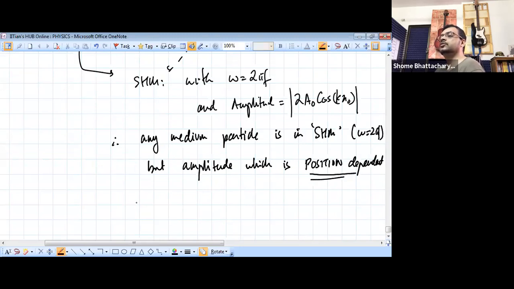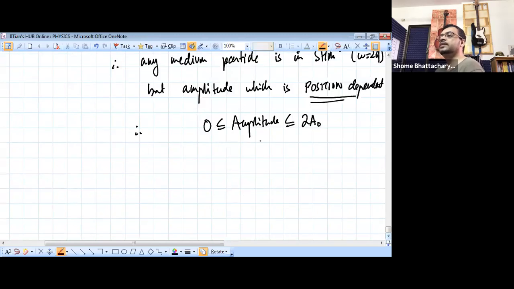So therefore you can see that the amplitude at any point can be as low as 0 also, and can be as high as 2a naught also, and that amplitude depends on its position, depends on x, okay, because that amplitude is equal to 2a naught mod cos kx.